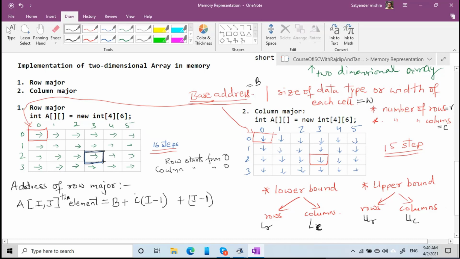And this whole thing will be multiplied with W, the width of the data type, because this represents the total number of cells without the width. So this is how this formula works.